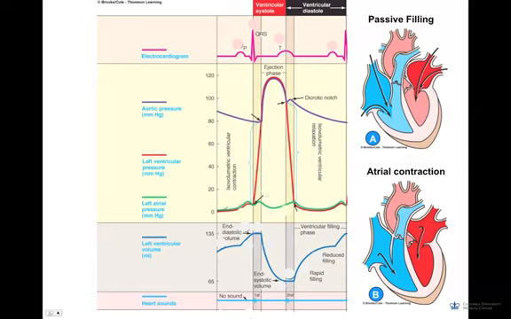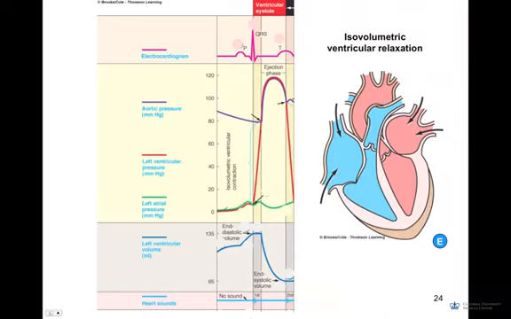Now, if we look at this period of time up here where ventricular pressure was below aortic pressure but still above atrial pressure, so the red line was below the purple line but still above the green line, this period of time is another one of those isovolumetric periods. Instead of isovolumetric contraction, now it's called isovolumetric relaxation.